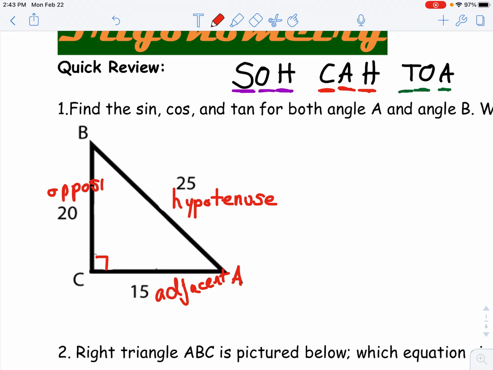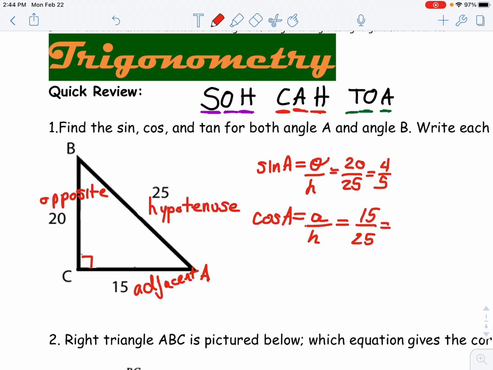So remember, using SOHCAHTOA, we have sine of angle A equals the opposite side over the hypotenuse, which is 20 over 25, which reduces to 4/5. The cosine of angle A is the adjacent over hypotenuse, which the adjacent in this case is 15, hypotenuse is 25, it's 3/5.